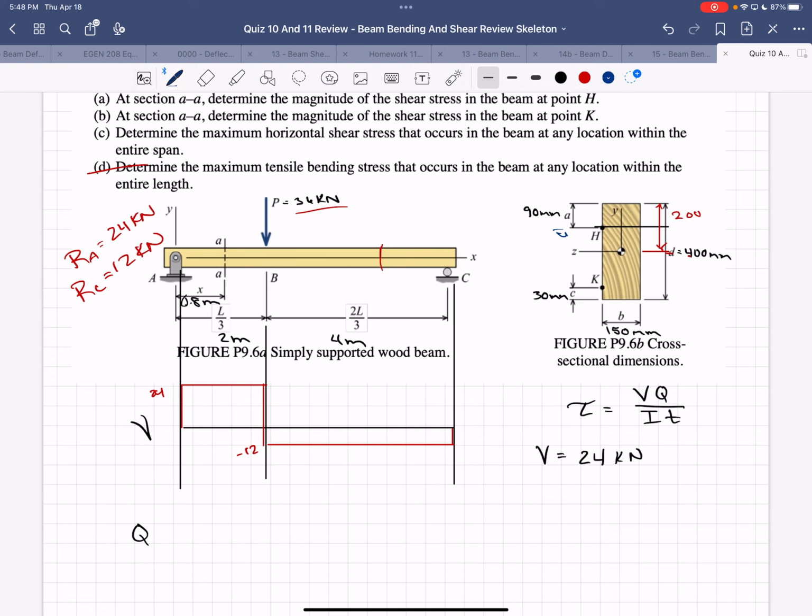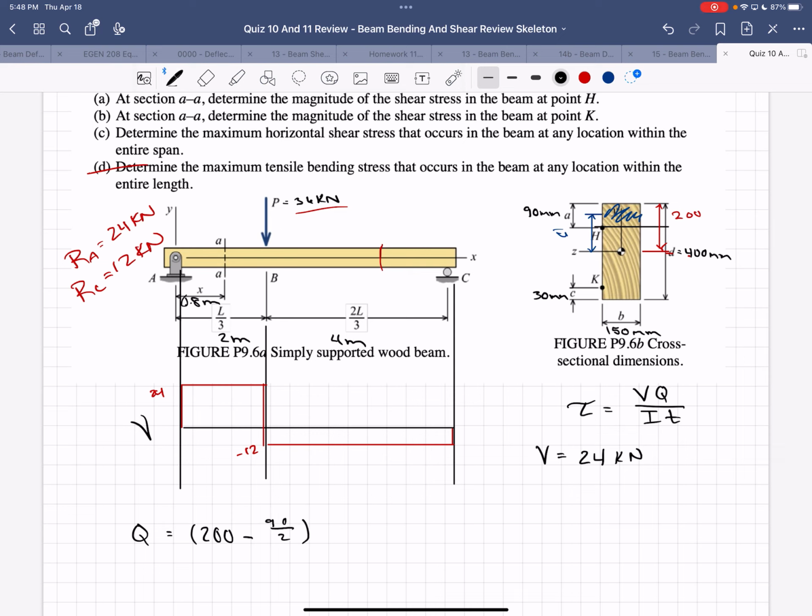And Y bar of this area is the middle of it to the centroid. Centroid to centroid. So Q equals 200 minus 90 divided by 2.